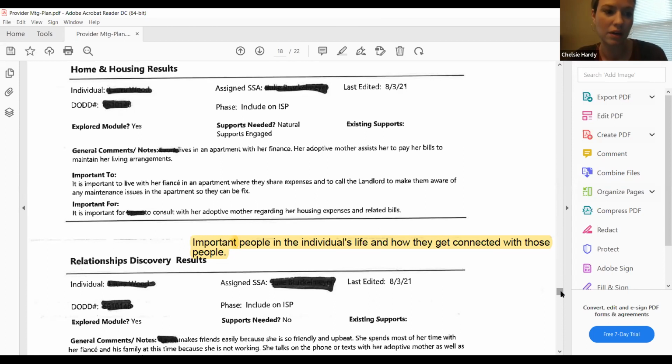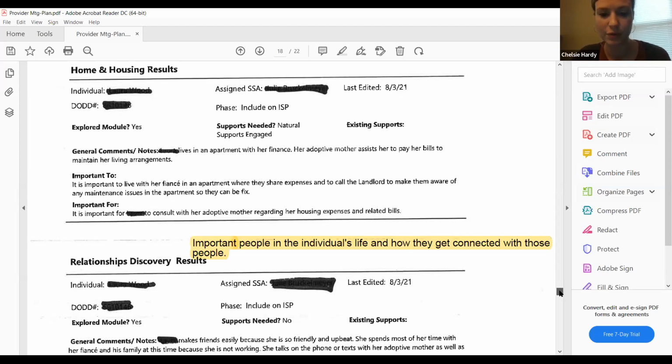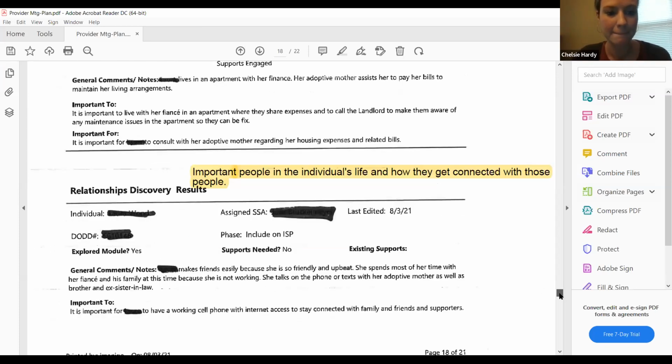That would perfectly align with an outcome or what they want to achieve. So any information like that, if the person is planning to move out or find a roommate, goes here.